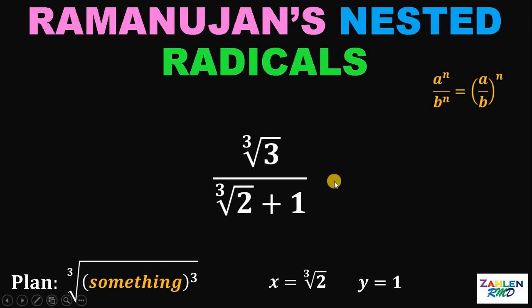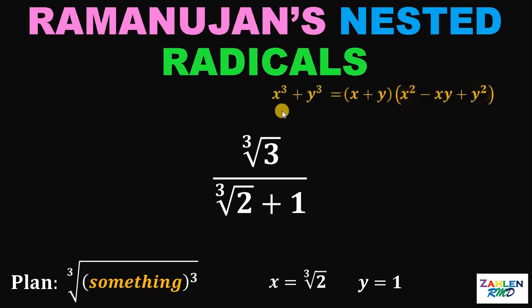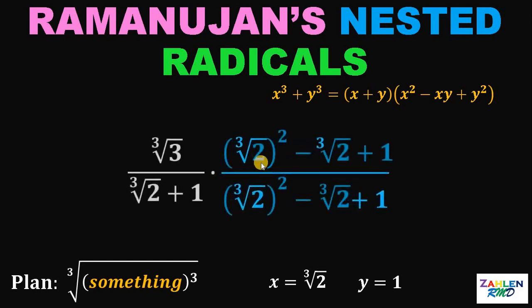In order to do that, we will use this identity. If we have x cubed plus y cubed, it is equivalent to x plus y times x squared minus xy plus y squared. Again, in our expression, x must be cube root of 2 and y must be equal to 1. So, let's multiply this expression by cube root of 2 squared minus cube root of 2 plus 1.